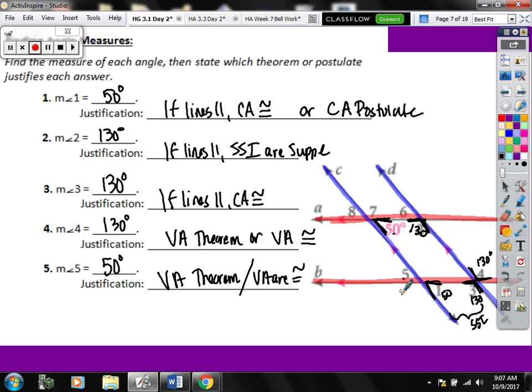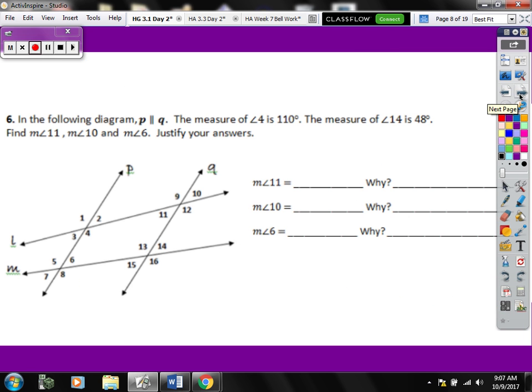Now, looking at the next problem that we have below, something is different than this picture. We don't have two pairs of parallel lines. We only have one pair. And you'll see that it is given to you up here. P is parallel to Q. Do not highlight L and M. L is not parallel to M. Therefore, it can't be used to find corresponding, alternate interior, all that kind of stuff.